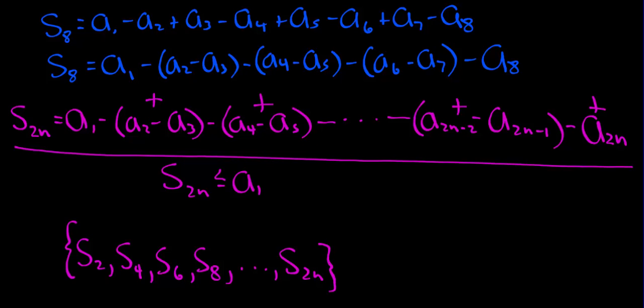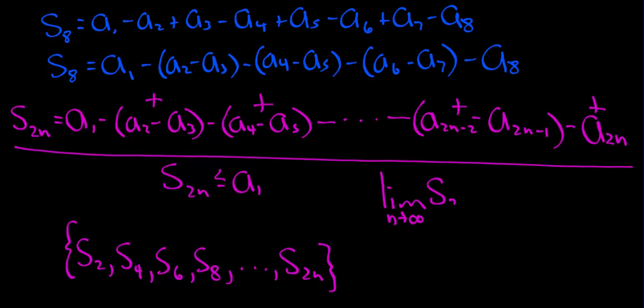And this sequence is monotonic. Every S keeps getting bigger. S4 is bigger than S2, S6 bigger than S4. This is monotonic and it's bounded, right? So this sequence is monotonic and bounded. That means that the limit exists.